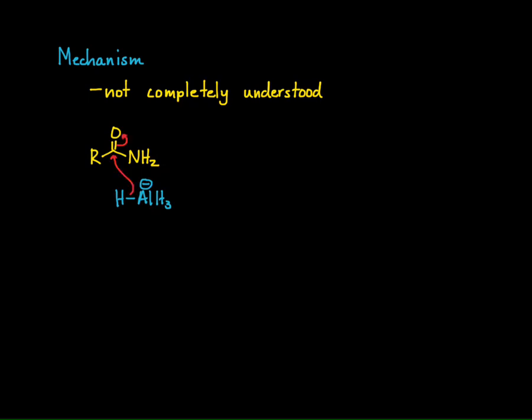So in the first step, we do know that a hydride adds, just like it adds to an ester, just like it adds to an acid chloride, and you generate a tetrahedral intermediate. Now, the tetrahedral intermediate I'm showing you is a little bit different than what I typically show, where the oxygen has a negative charge.